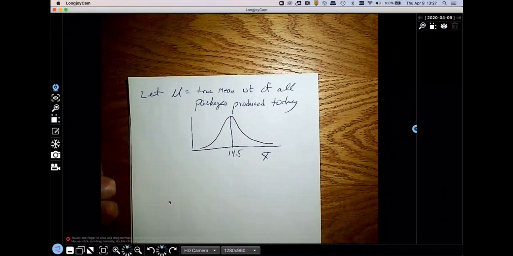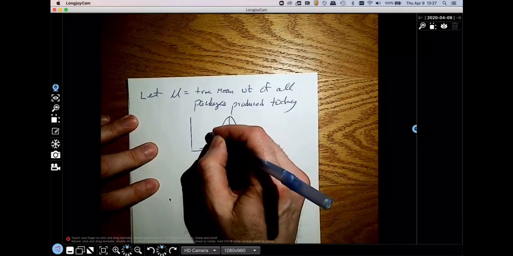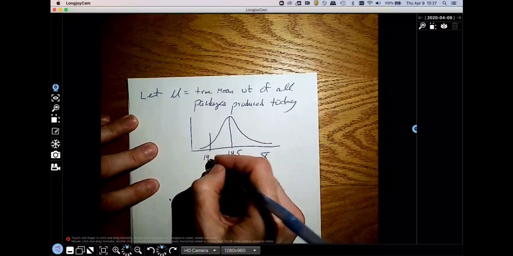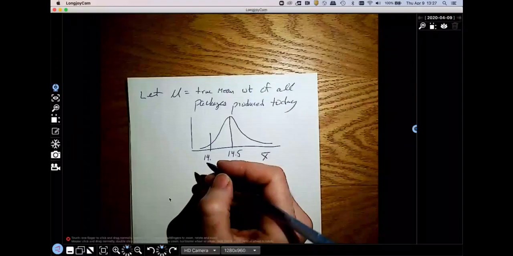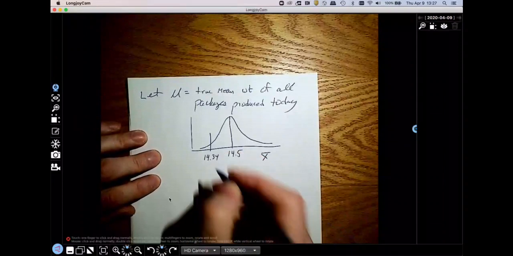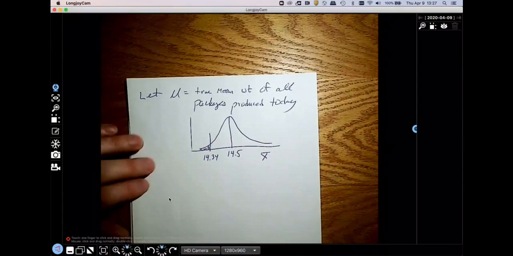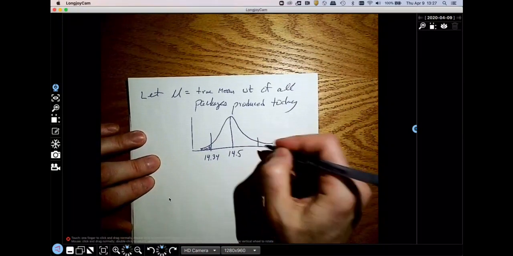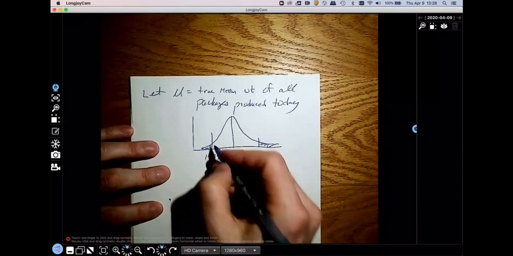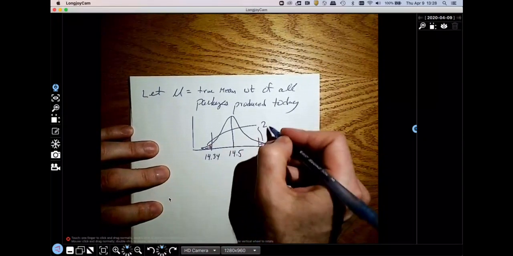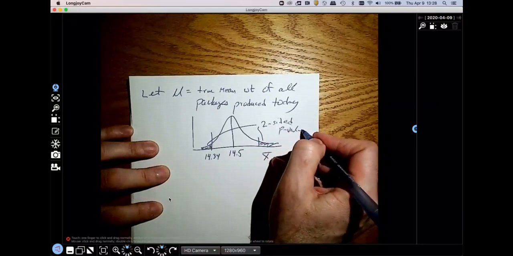Now, we've gone off and observed a mean of 14.34, I think it was. Yeah, 14.34. And we need to go find the area in that tail. So that tail, as well as a symmetric tail on the other side, gives us the p-value for a two-sided test. So this is a two-sided p-value.